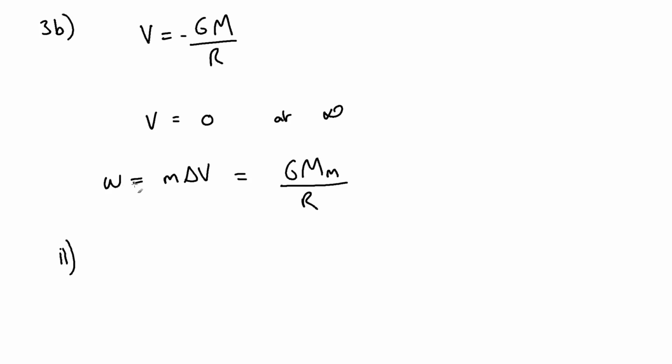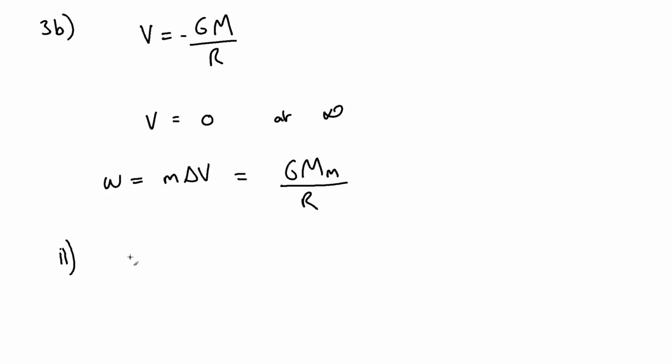So here we've got the work done to move an object of mass m away from this object of mass big M from 1 point to infinity. We've got the same sort of question now for the black hole. So we just have to work this formula out.